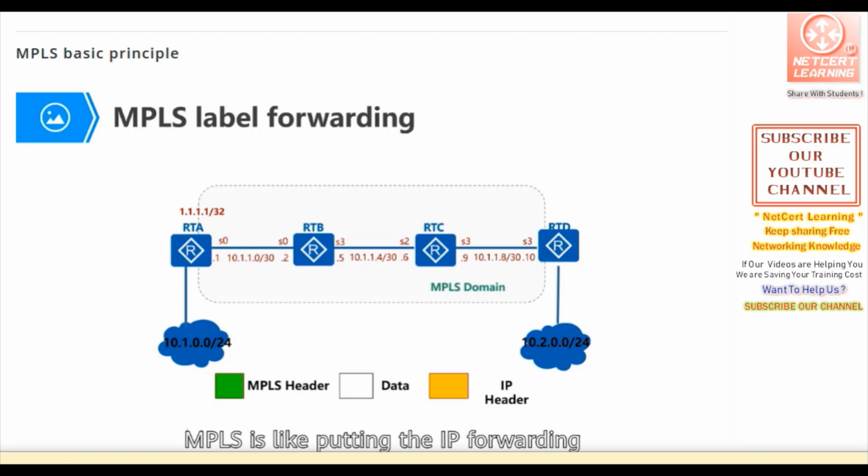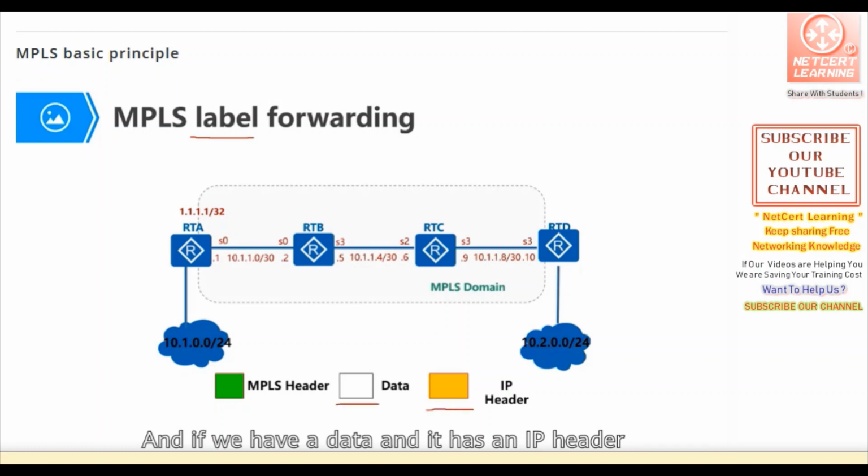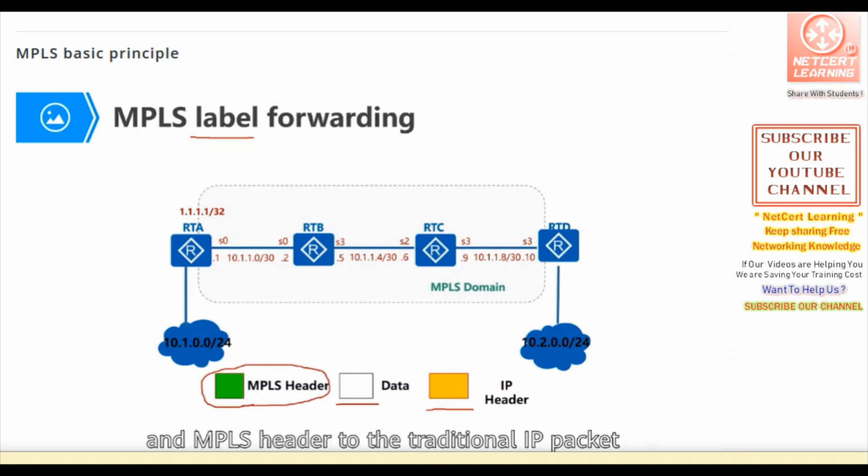MPLS is like IP forwarding and ATM together. In MPLS, we use labels to forward the data. If we have data with an IP header, we add a new header, the MPLS header, to the traditional IP packet.